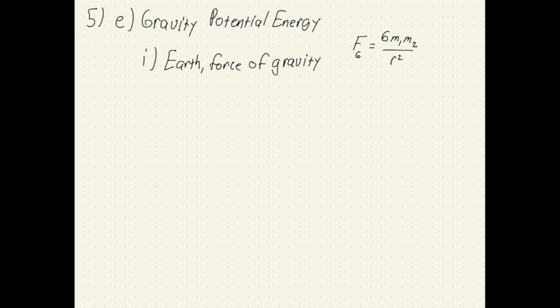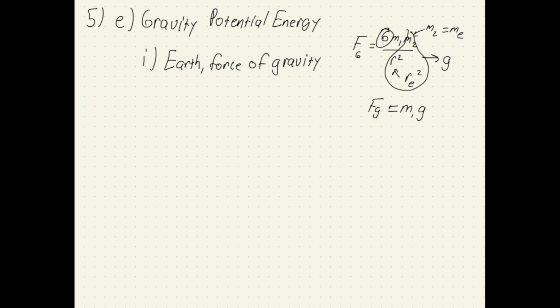And so if mass 2 is very large, like it's the mass of the Earth, and r squared is the radius of the Earth squared, then what we get is this thing here becomes, big G times the mass of the Earth over r squared, becomes lowercase g. And so we get our force of gravity near Earth is just equal to mass 1 times g.